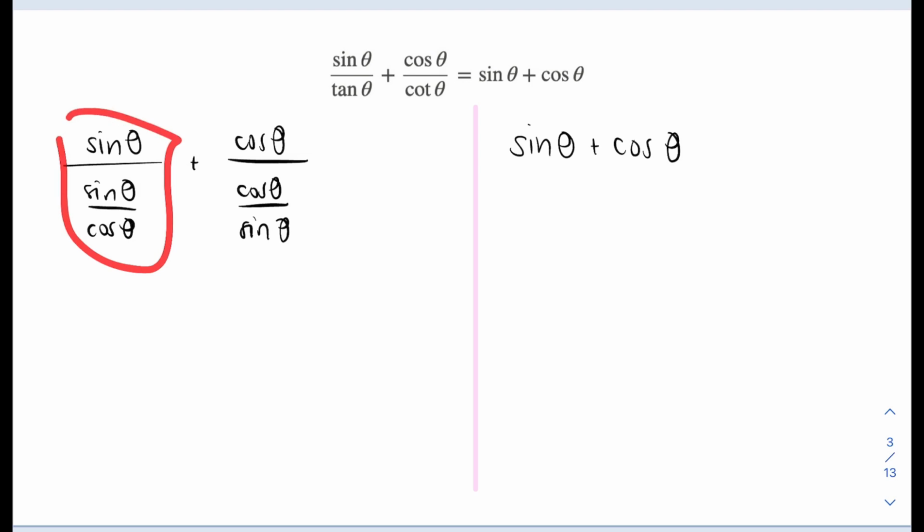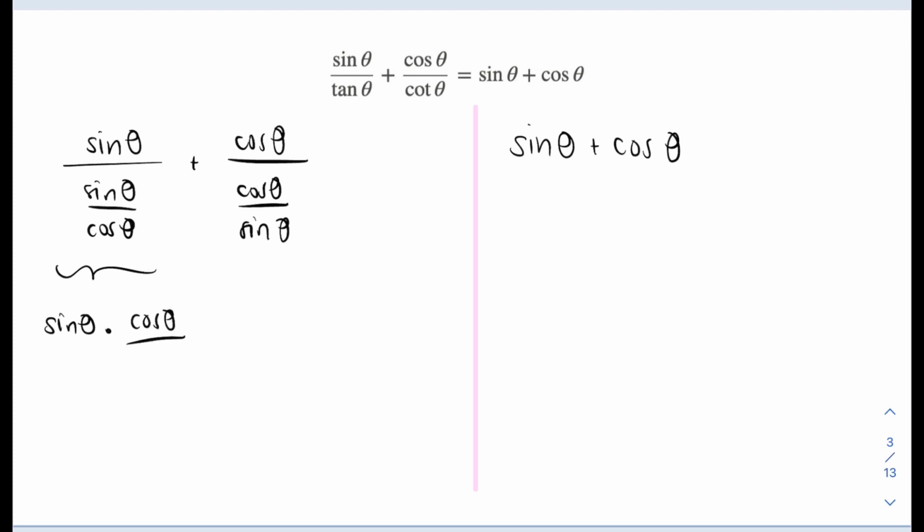So if I can turn this into sine or cosine, this into the other one, then it gets me my answer. So with each individual fraction, I have a fraction divided by a fraction. So I will keep the numerator, change it to multiplication, and flip the denominator. Keep the numerator, change to multiplication, and flip the denominator.